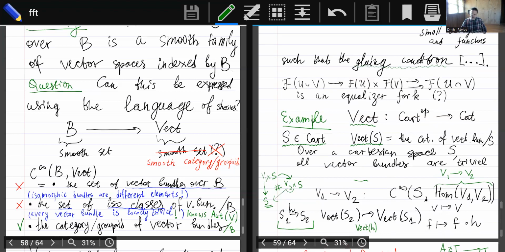And this is exactly what happened here, so this is a description of the functor. I send a vector space V to itself, which corresponds to the fact that if I pull back a trivial vector bundle, then a trivial vector bundle gets pulled back to the trivial vector bundle with the same fiber. So in this category, capital V represents the trivial vector bundle with fiber capital V, and this trivial vector bundle gets pulled back to the trivial vector bundle.